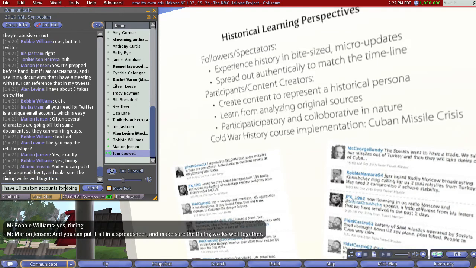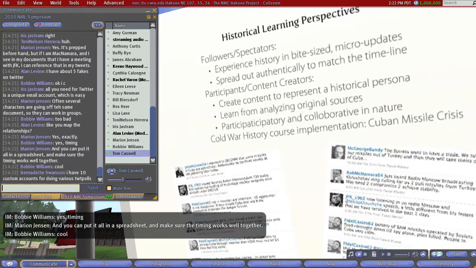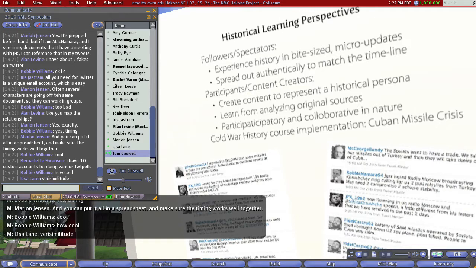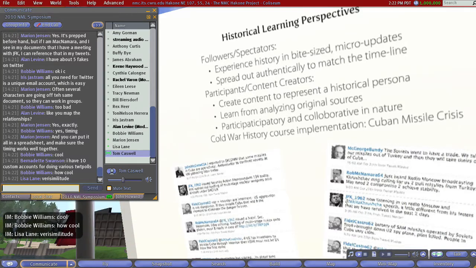Based especially on the journals, we can approximate fairly closely when the different events occurred. With something like the Battle of Gettysburg, we sometimes have to estimate, but with the Cuban Missile Crisis, it's much more precise, and we can actually send the Twitter updates down to the minute of when they would have occurred, so many years ago.